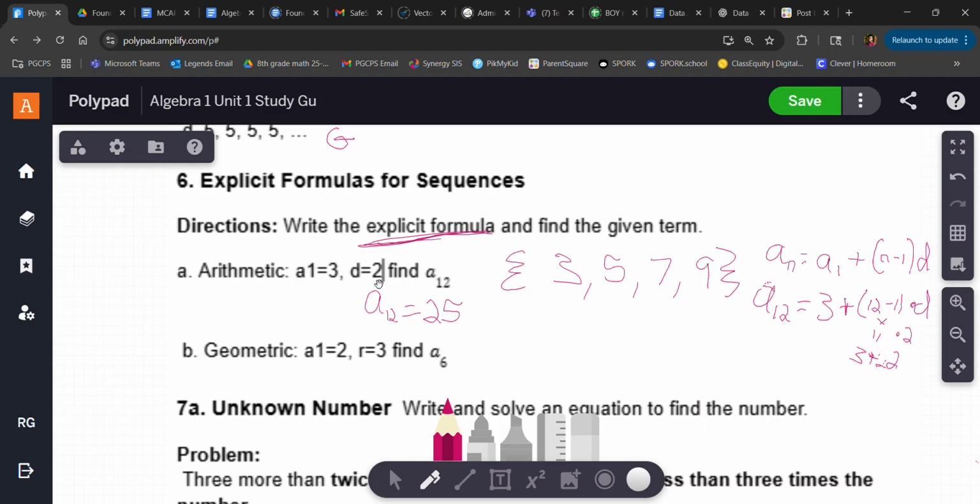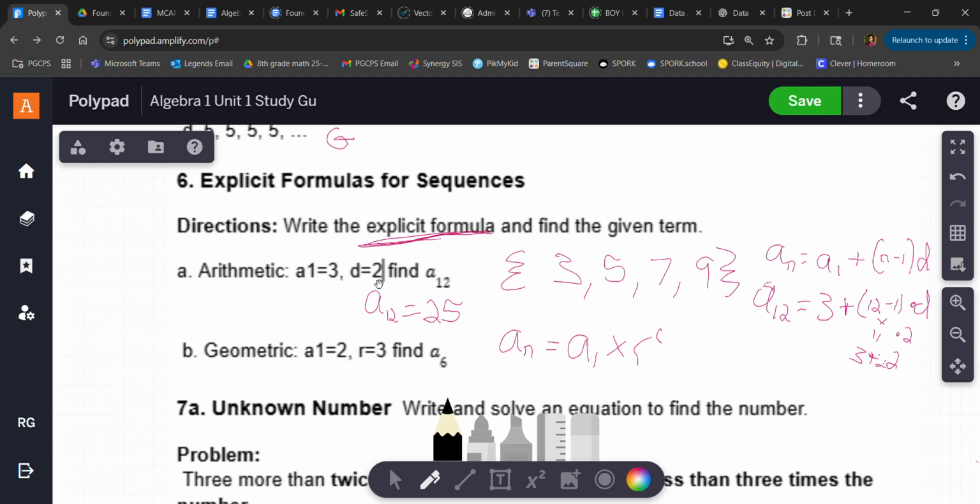For geometric, there's a similar formula, but the formula is different. The geometric explicit formula to find exactly the 6th term without having to go in order from 1 to 2 and 2 to 3 and 3 to 4, and to jump straight to the 6th term, would be whatever term we're looking for, in this case 6, is equal to the first term, make sure I have the correct formula, sorry, not plus, times, going back, the first term times the ratio, aka where you're multiplying to get from one term to the next.